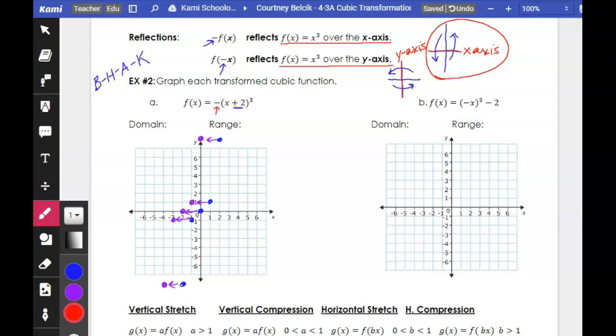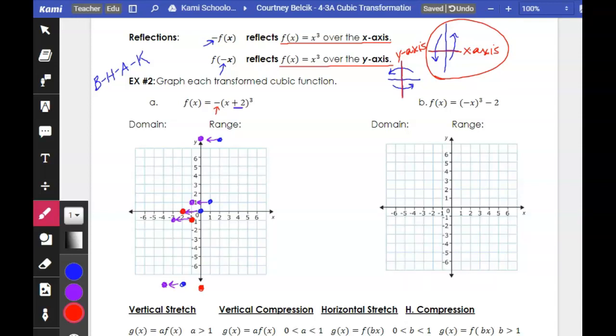So any purple point that I have, I'm going to count to the x-axis and then past the x-axis. So this point, I count down 8, count down 8 more. This point, I count down 1, and I count down 1 more. This point is on the axis. Its reflection is still on the axis.